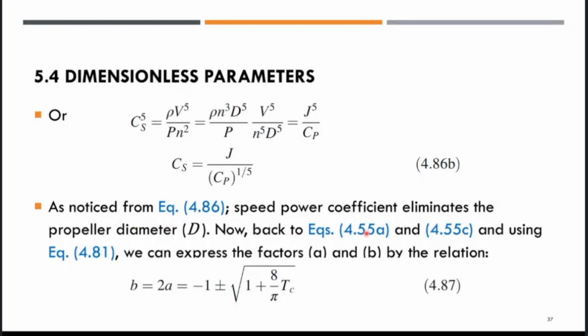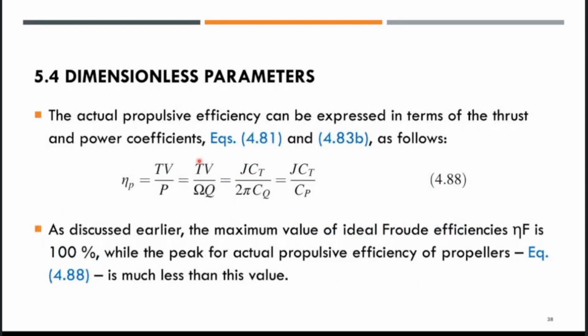Now back to equations 4.55A, 4.55C, and using equation 4.81, we can express the factors A and B by the relation, right? So you can rearrange that to get equation 4.87. The actual propulsive efficiency can be expressed in terms of the thrust and power coefficients, equations 4.81 and 4.83b, as follows.